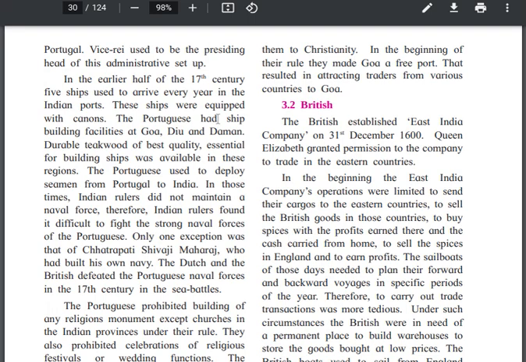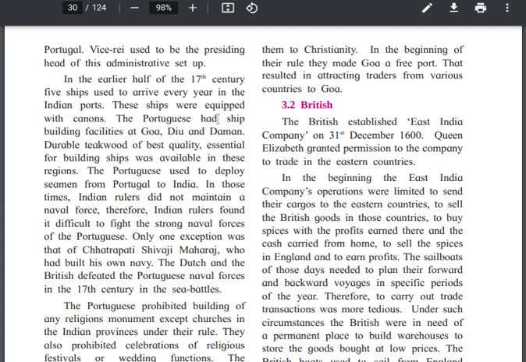In those times, Indian rulers did not maintain a naval force, meaning an Indian navy. Therefore, the Indian rulers found it difficult to fight the strong naval force of the Portuguese.